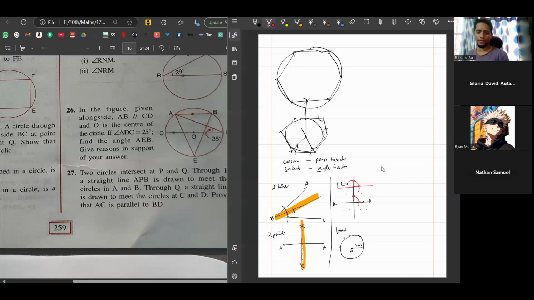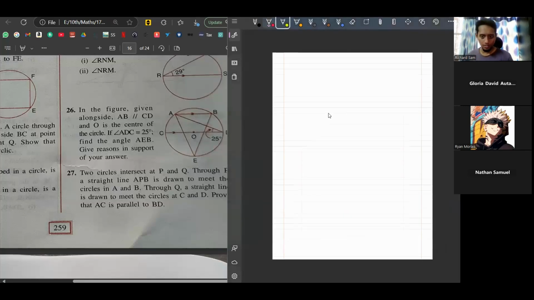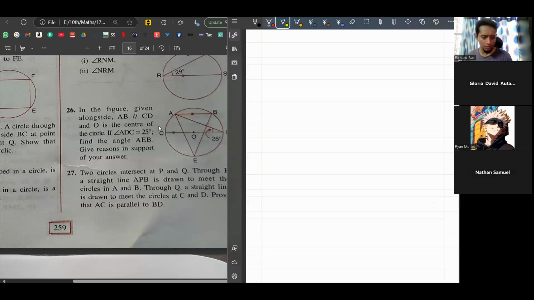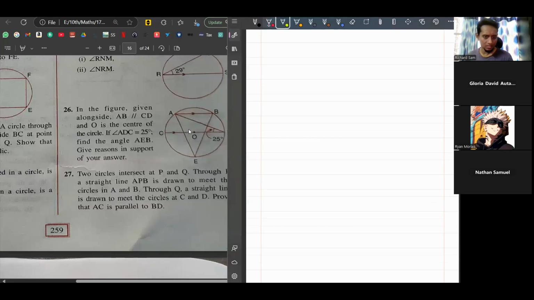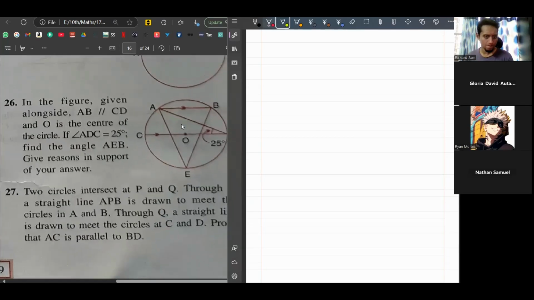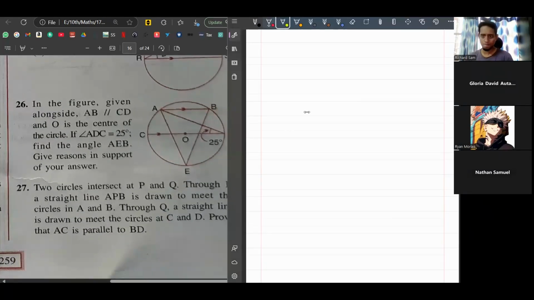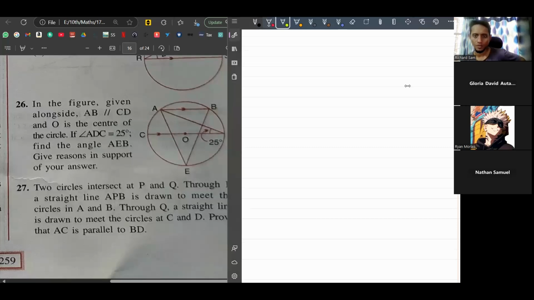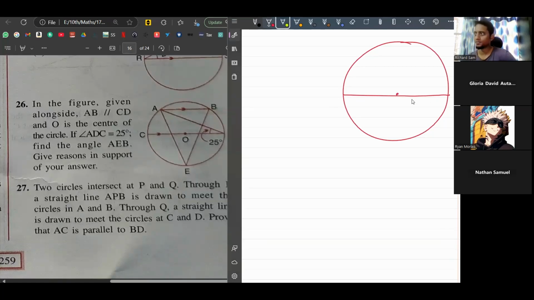All right. So here, let's look at this question, 26. So what all do we see over here in this question? You see this line is a diameter. So the property in a diameter is what? Any angle that's drawn from these 2 points, they'll be 90 degrees. Right?